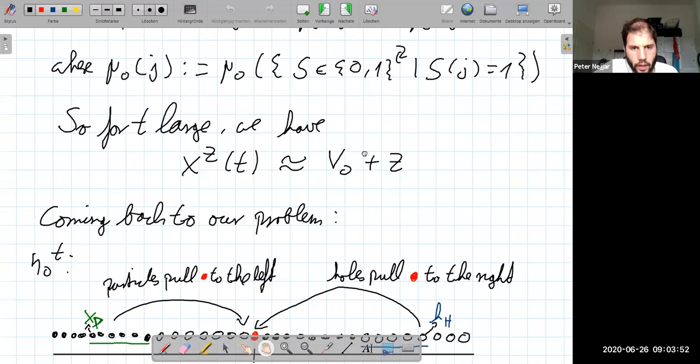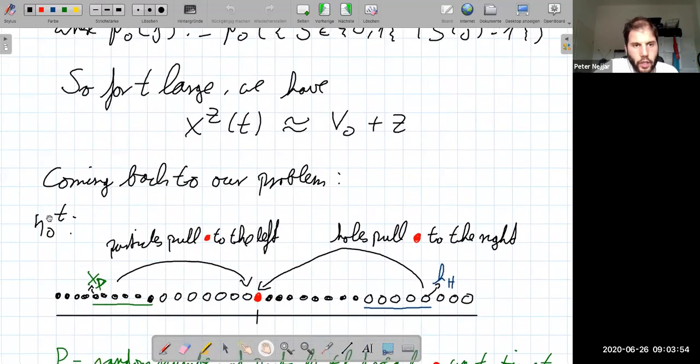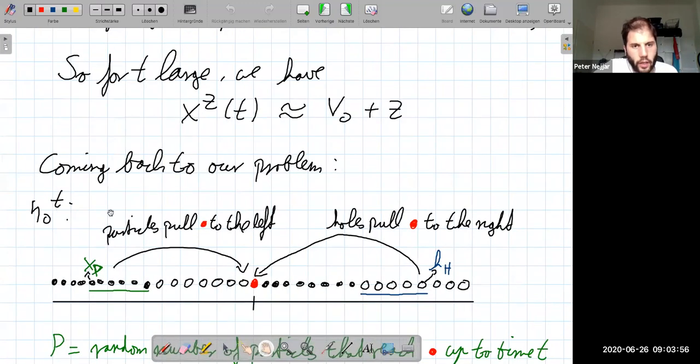So if we come back to our problem, we have the following initial configuration eta_0^t. We have a second-class particle at the origin, and then an infinite region of particles, then a finite region of holes, then a finite region of particles, and then a finite region of holes.